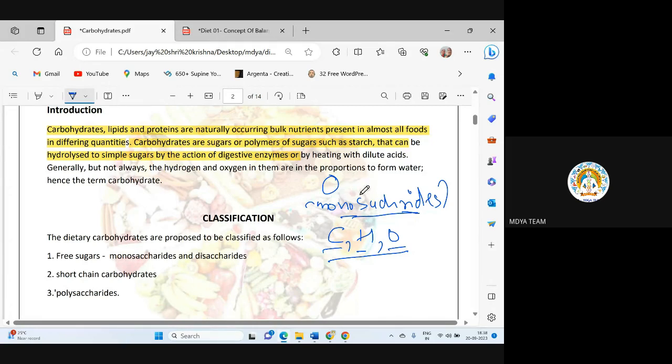Like I gave you an example: what is the basic unit of our body? Cell. Yes, cells are the basic fundamental unit of our body. There is also one question: why are cells the basic unit of our body? Why not cell organelles?